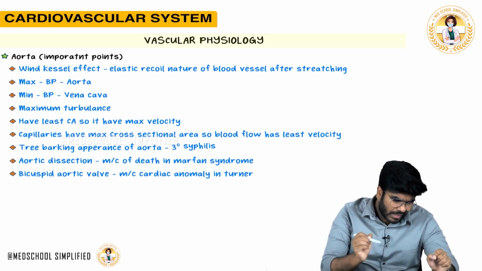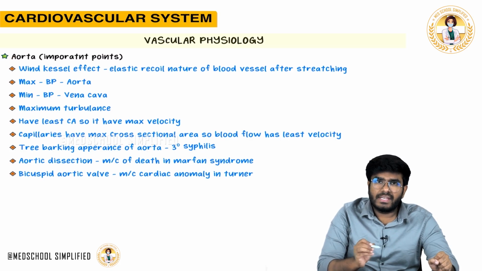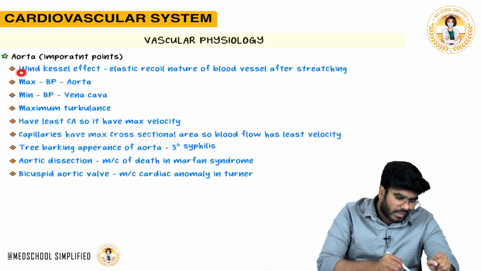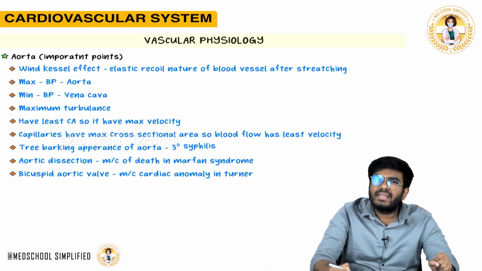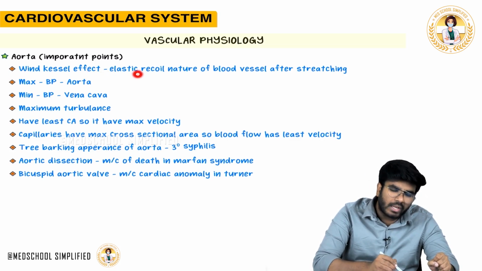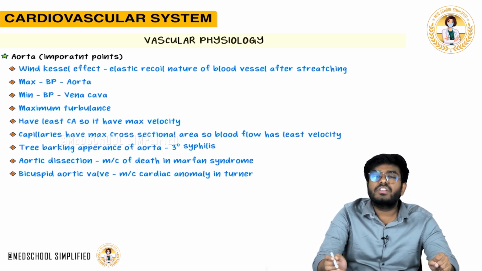Now aorta is the one blood vessel which has a property called the Windkessel effect. If you ask me what exactly is this Windkessel effect, it's the elastic recoil nature of a blood vessel after stretching.